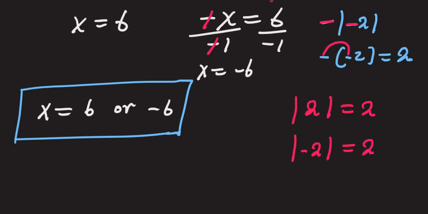All you have to do is place a negative sign over here, and this negative sign will automatically make this value that is less than 0 become positive. I hope this makes some sense. All right, so let's now go on to the next question.